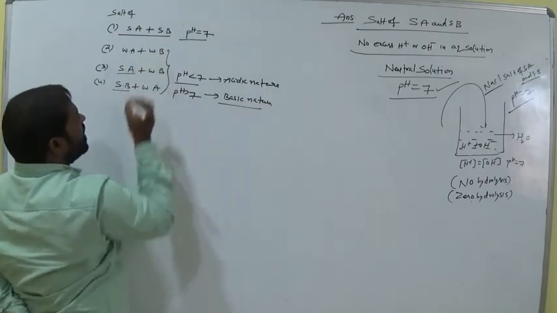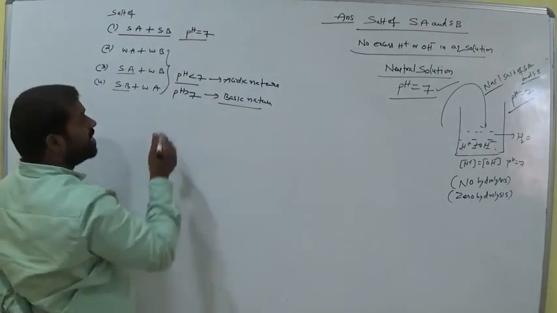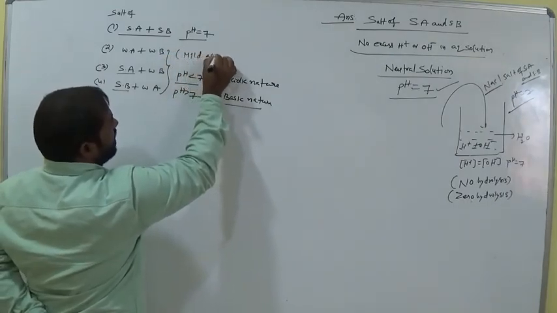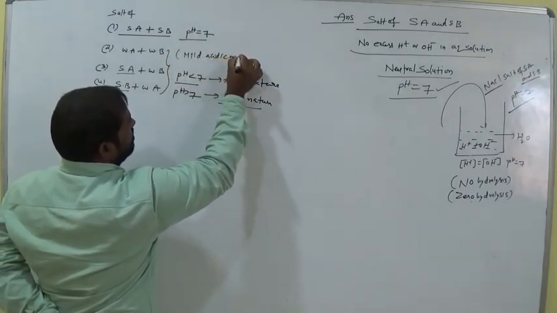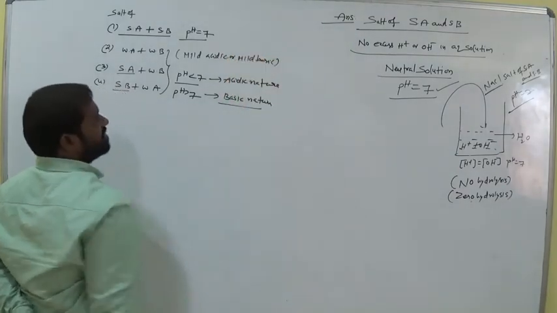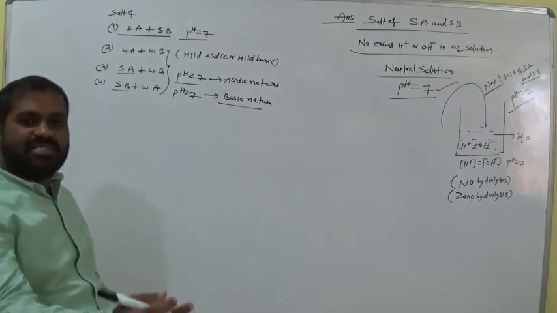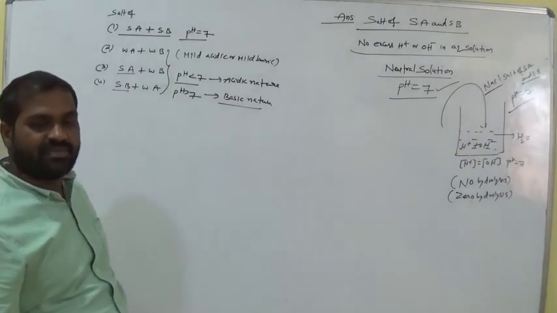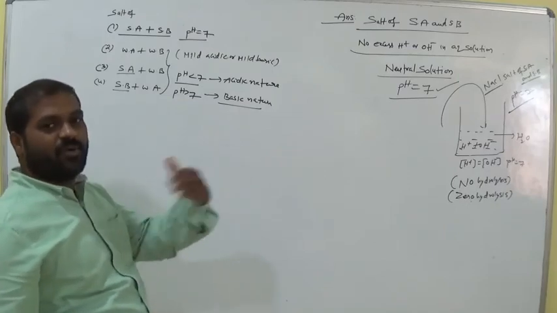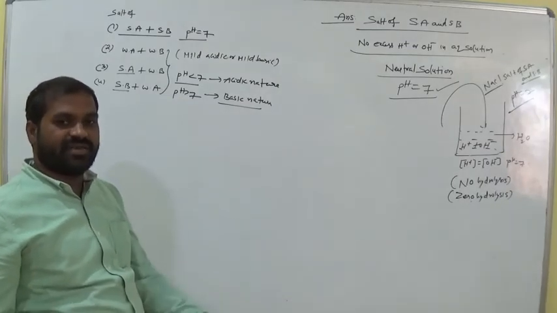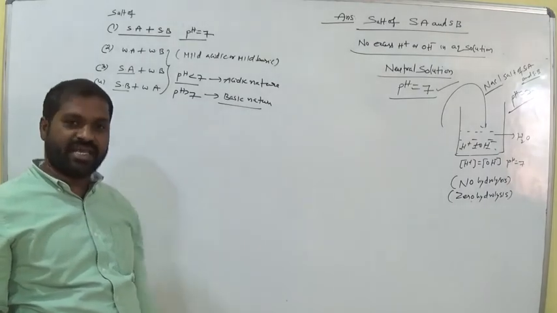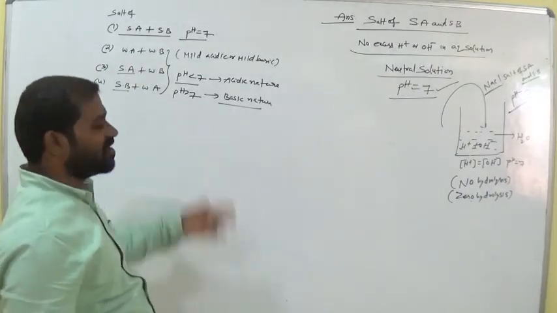So now weak acid and weak base, there is no dominance, that means it is mildly acidic or mildly basic, okay, just above or just below 7. Sometimes it acts as acidic or basic, okay. pH value more than 7, like 7.1, is basic in nature, 6.9 is acidic in nature, okay. Why? Because both are weak in nature.